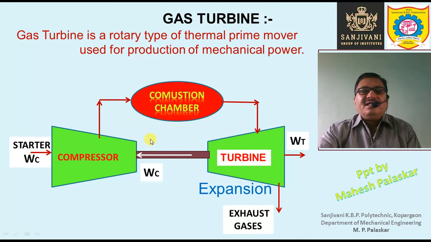So partial power which is produced by the turbine is utilized by the compressor.